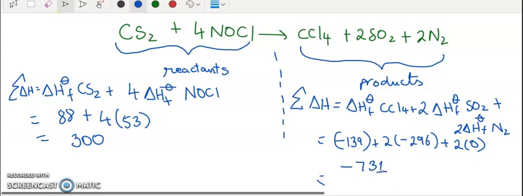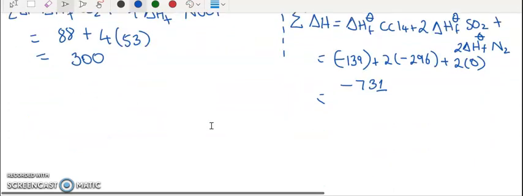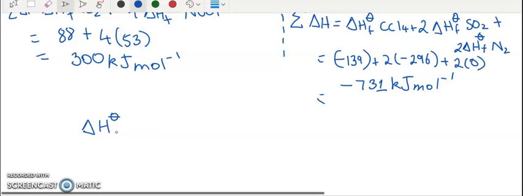When we calculate it, it's going to give us negative 731. Now from our equation, don't forget the units, kJ per mole. Now we're going to plug it into our equation.